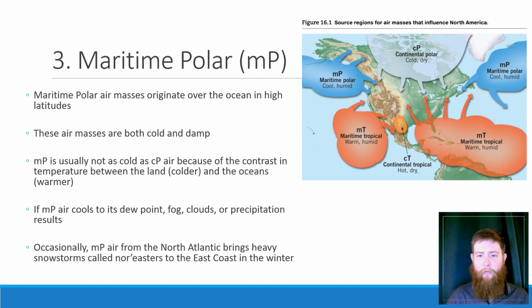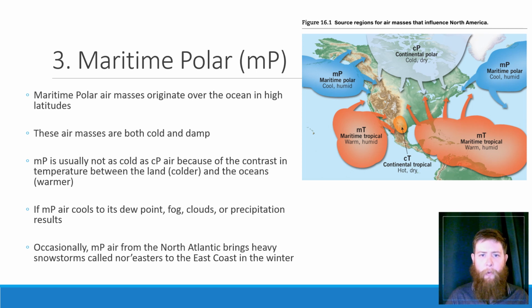These, because they're over the oceans, are both cold and damp, so they're going to have some moisture in them. Because of this moisture and this kind of insulating effect that water has on temperature, maritime polar air is not usually as cold as continental polar because of the contrast between the land, which is colder in the winters, and the oceans, which are warmer because they have those ocean currents and they hold on to that sunlight longer.